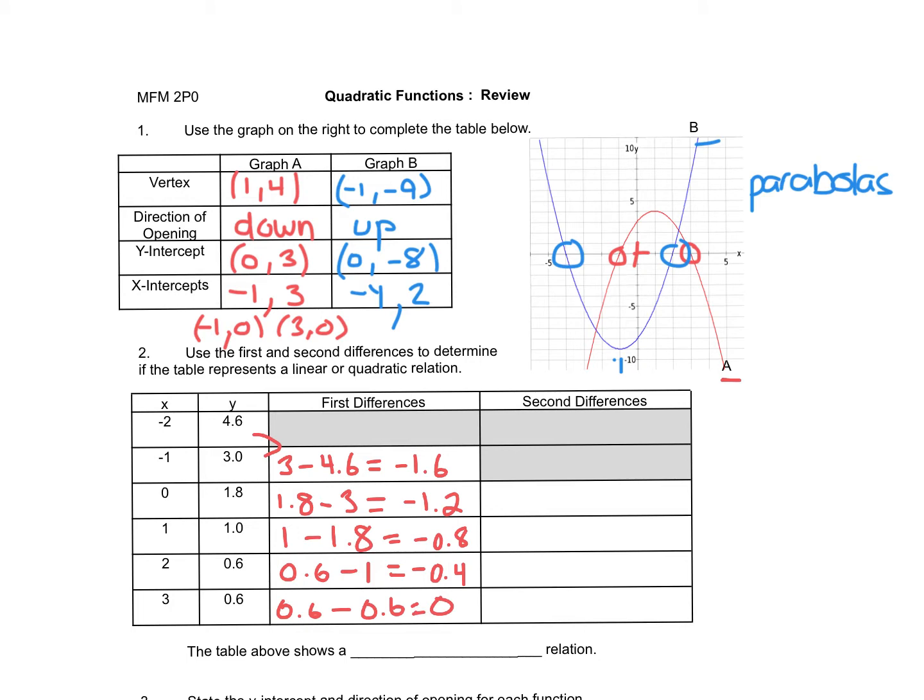You're always taking the value there and subtracting it from the previous value. So what you'll notice is there's no common first difference, so it's not linear.